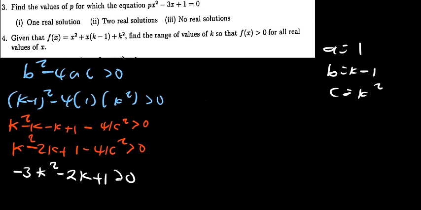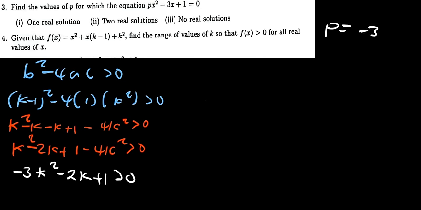A quadratic now. The product is negative 3, the sum negative 2. The factors will be negative 3 and positive 1.